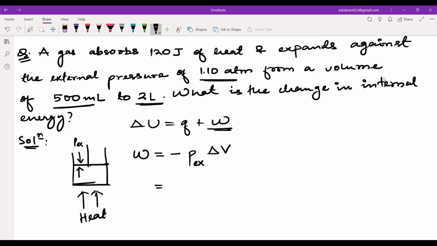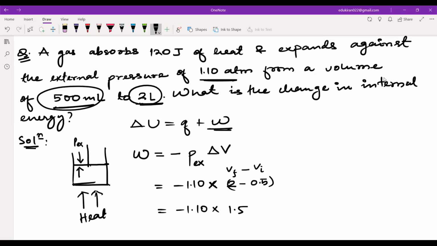This will be minus P external, minus 1.10 times delta V, which will be 2 minus 0.5. And this will be equal to minus 1.10 times 1.5, because delta V will be V final minus V initial. So initially it was 500 ml, then it got to 2 liters.